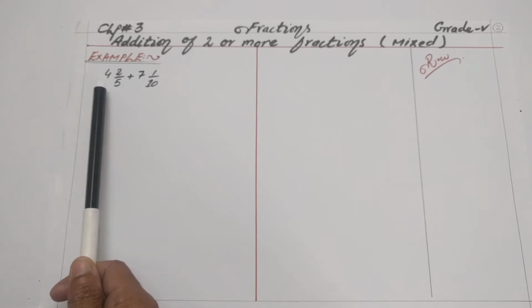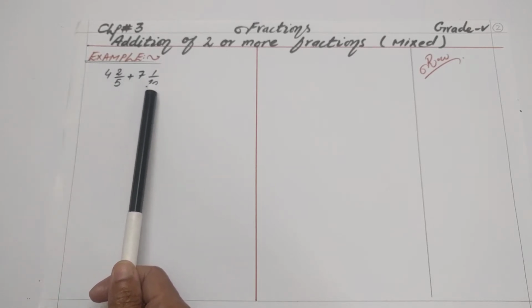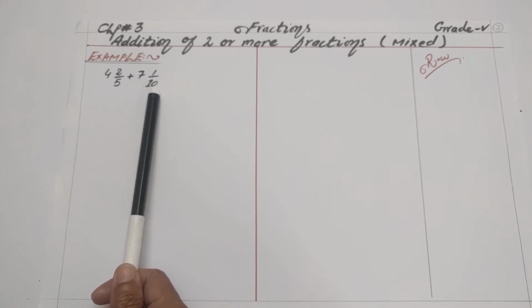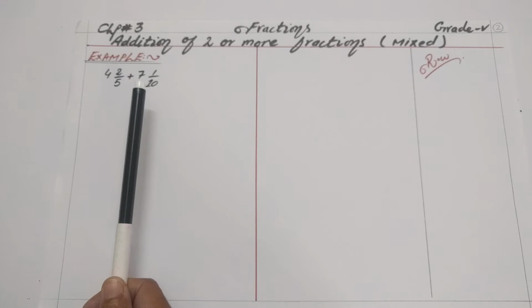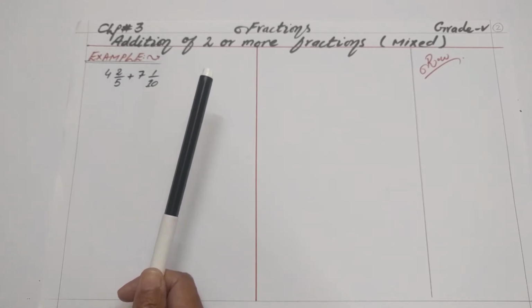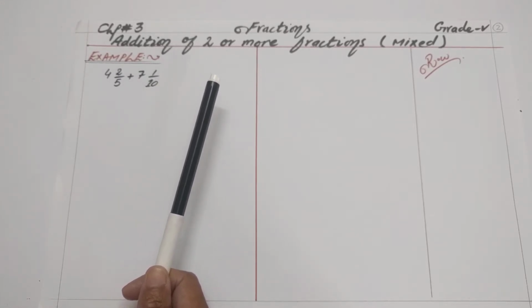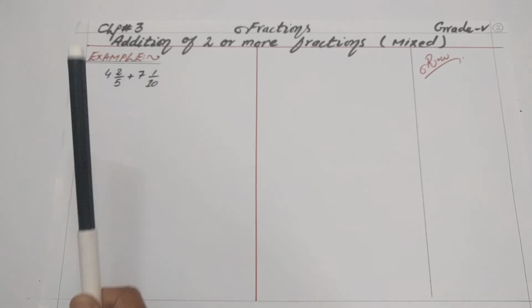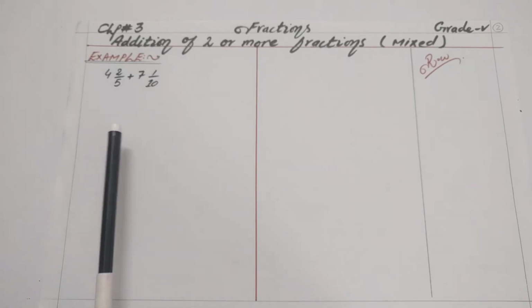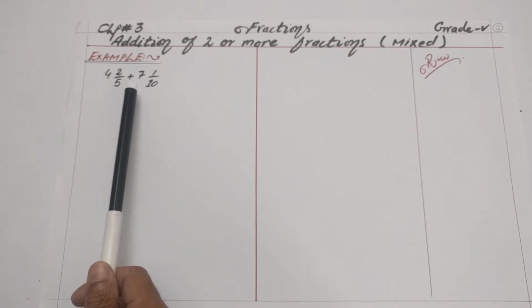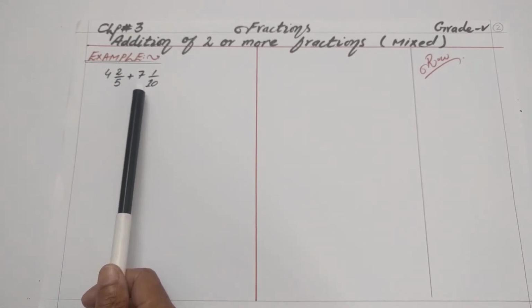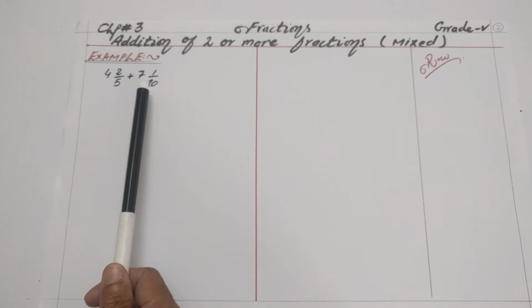Now let us see how we can add two mixed fractions. As we have 4 2 by 5 and 7 1 by 10, we need to add them. For adding mixed fractions, we first need to convert them into improper fractions. Clear?